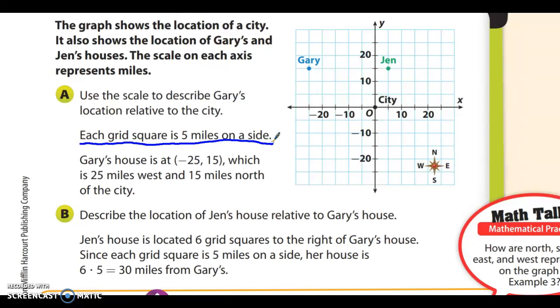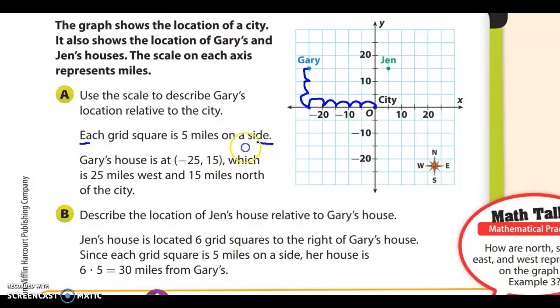So we're going to go to Gary's house. Gary's house is at -25, -15. And we know that because if you go from the city here, how do you get to Gary's? Well, you go 1, 2, 3, 4, 5 spaces to the left, and 5 times 5 is 25. So this is -25 because it's to the left, and it's up 1, 2, 3 spaces. 3 times 5 is 15.